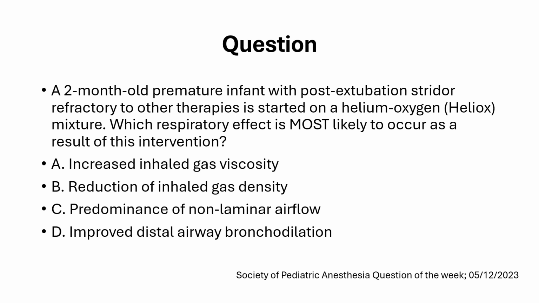The question is, which respiratory effect is most likely to occur as a result of this intervention? Option A, increased inhaled gas viscosity. Option B, reduction of inhaled gas density. C, predominance of non-laminar flow. And D, improved distal airway bronchodilation.